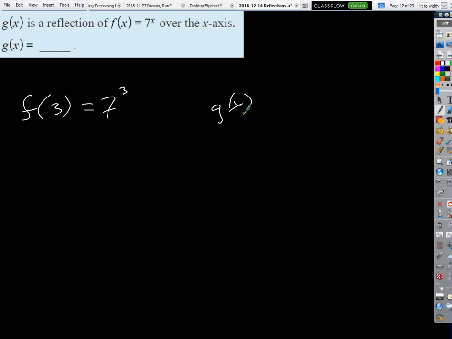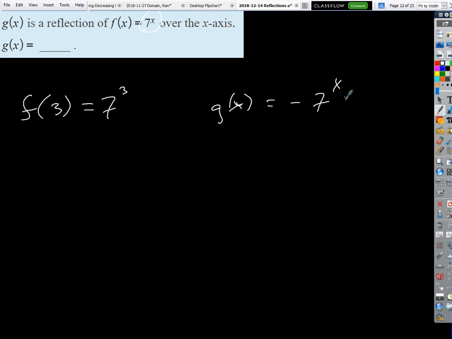Is that a horizontal or a vertical? It's a vertical. So what do you think? It's just going to be whatever the function is, right? f of x is equal to that whole thing. And so we're going to multiply the whole thing by -1.